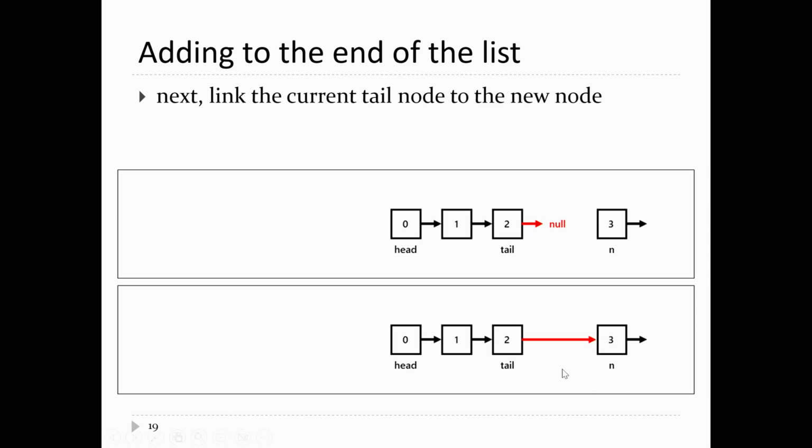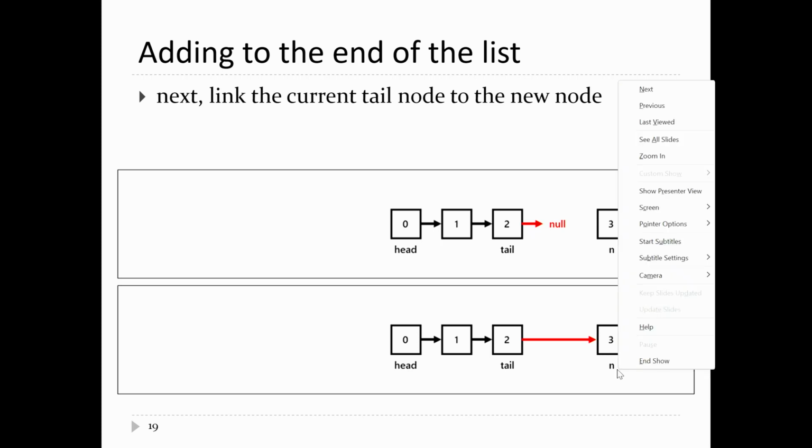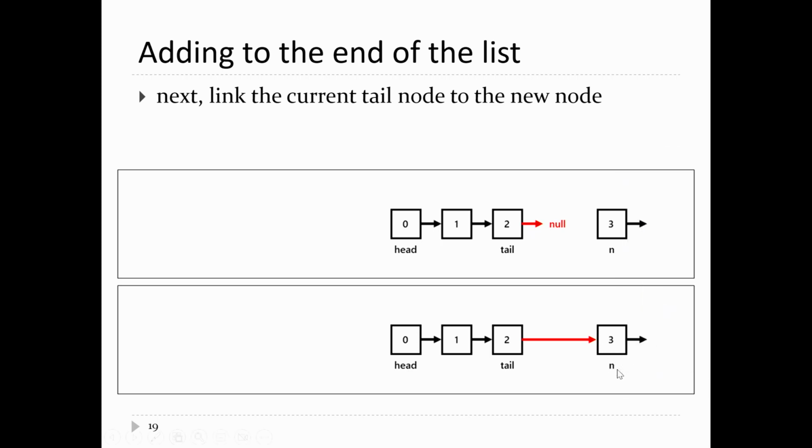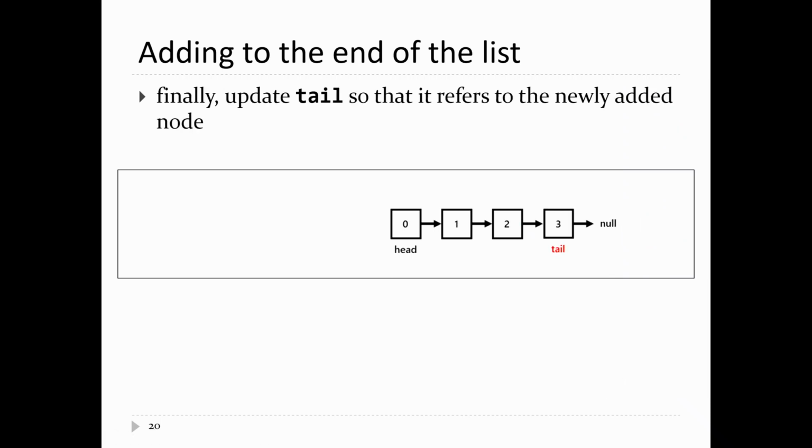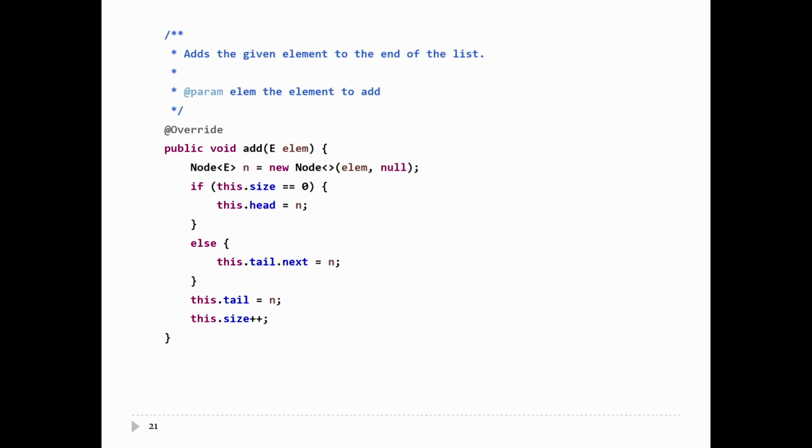Then I increase the size of the list by 1 because I just added a new node. And finally, n is your new tail node, so you have to update your tail so that it's now equal to n. And there's your list of size 4 now. So it's pretty easy to do.